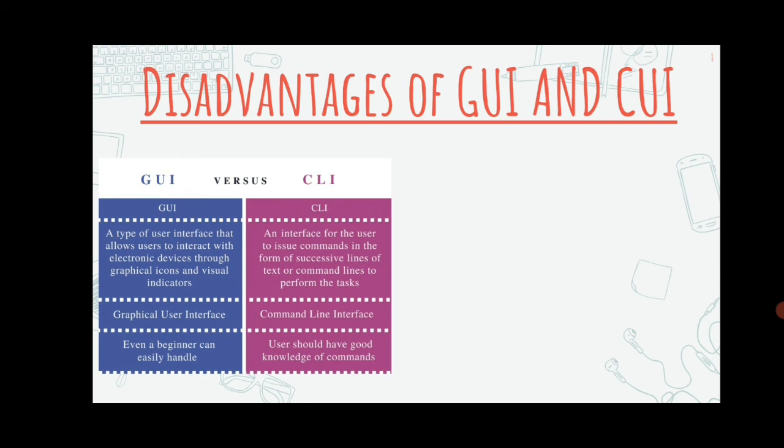CLI is an interface for the user to use commands in the form of successive lines of text or command lines to perform the task. GUI is graphical user interface and CLI is command line interface. In GUI, even a beginner can easily handle it. In CLI, the user should have good knowledge of commands.